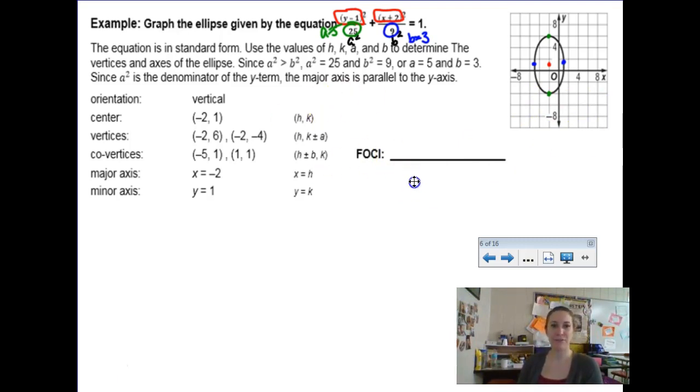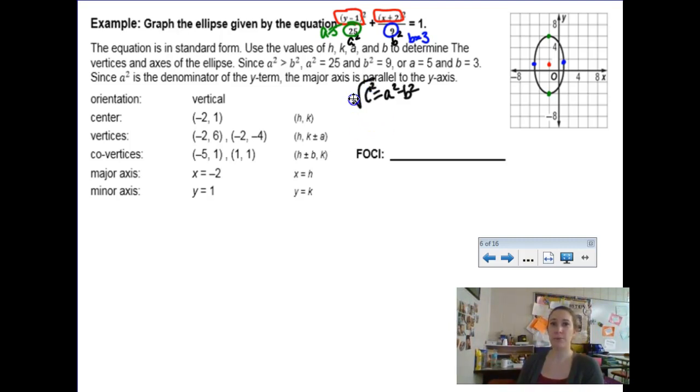Alright, the thing they haven't found for us yet, at least not on this screen, is the location of the foci, which are those fixed points that are inside of our ellipse. It's going to be a distance of c units on the major axis from the center. So if we could figure out who c is, we're going to be in business. So remember the formula was c squared equals a squared minus b squared.